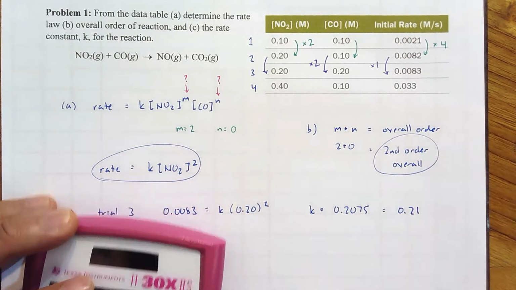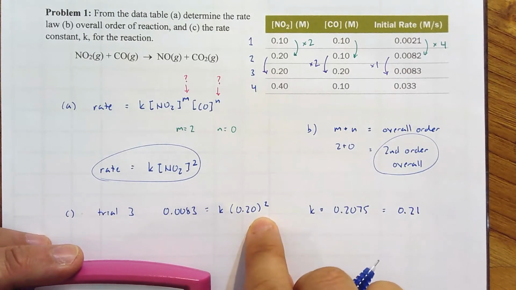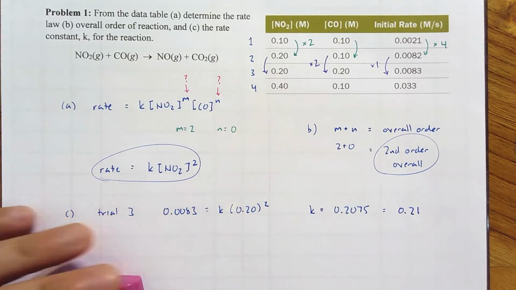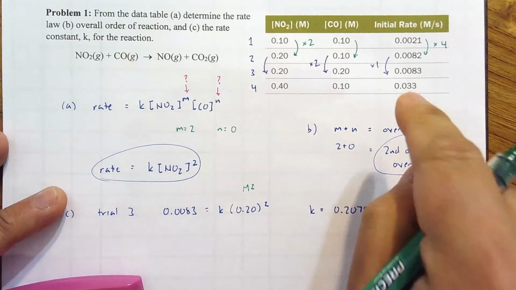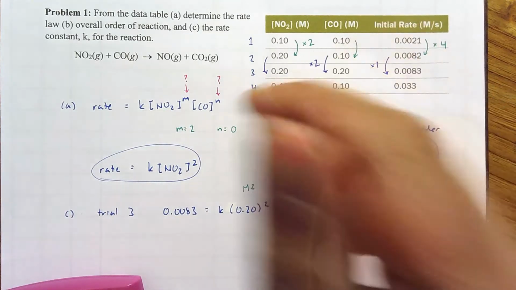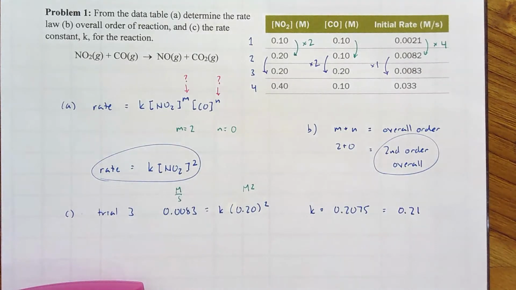And then the units. This 0.20 is molarity squared. We could write that down somewhere. This is M squared. We really want the initial rate to be M over s. So what does k have to be?